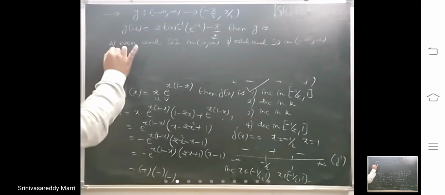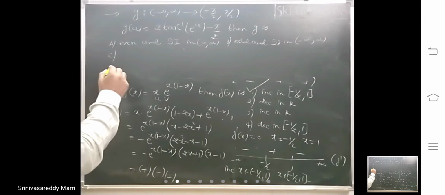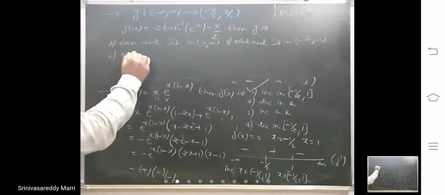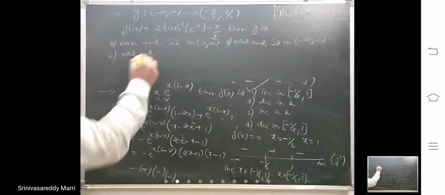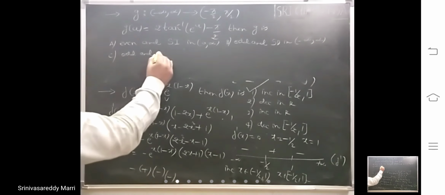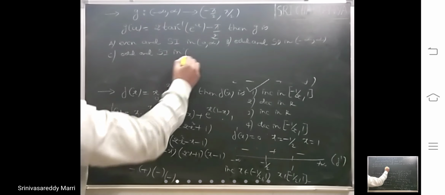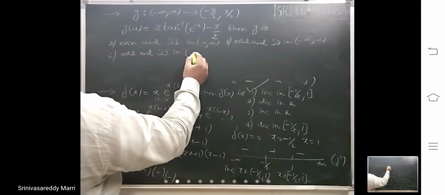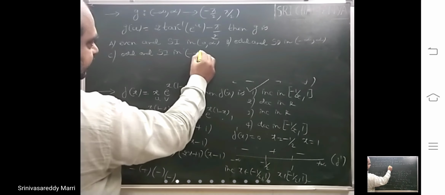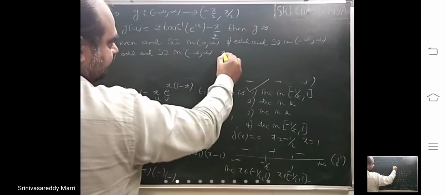Option C: odd and strictly increasing in minus infinity comma infinity.